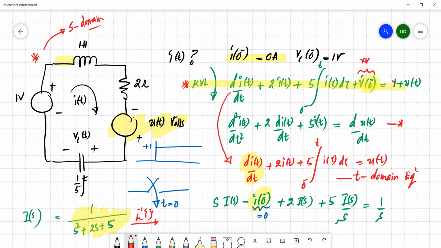If you have a time domain circuit, is there any way to convert it directly to the S domain and do the calculation there, and at the end apply the inverse Laplace transform and get the time domain equivalent? So the objective of this Laplace transform application is to convert this time domain circuit into the S domain.